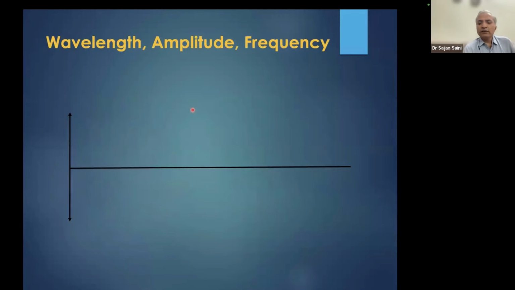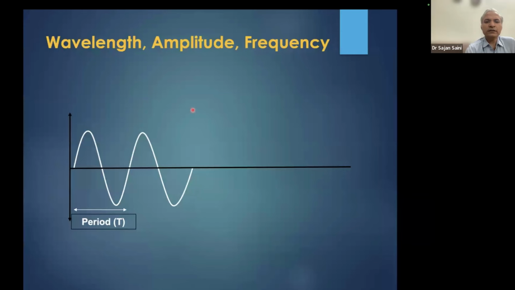Now the second concept is wavelength and frequency. Consider this a wave. This is a pulse consisting of two waves. One is the positive deflection, the other the negative deflection. Here is the first wave, and here is the second one.